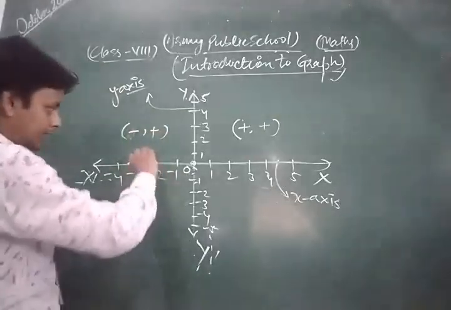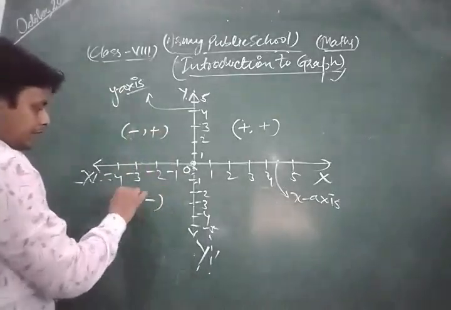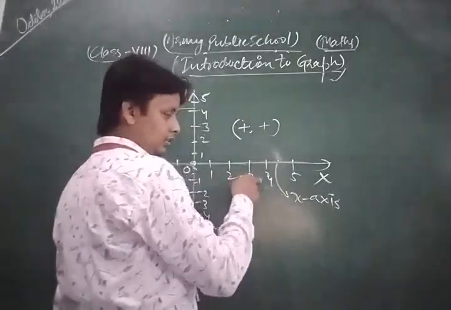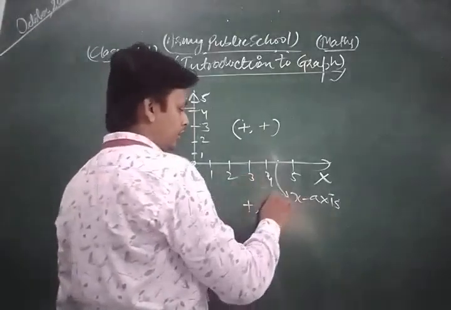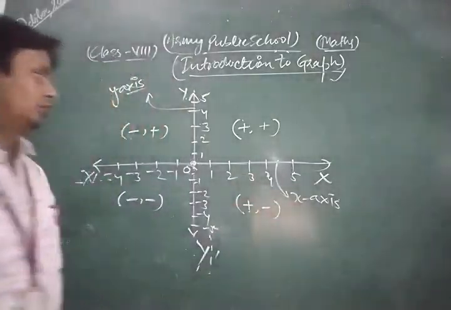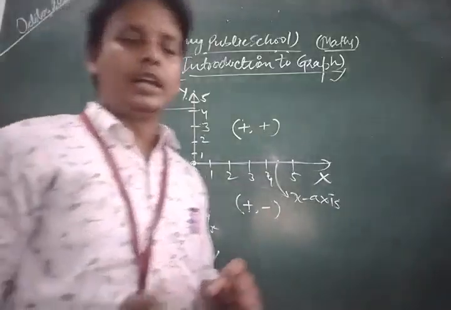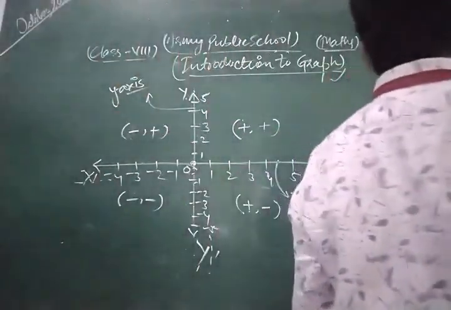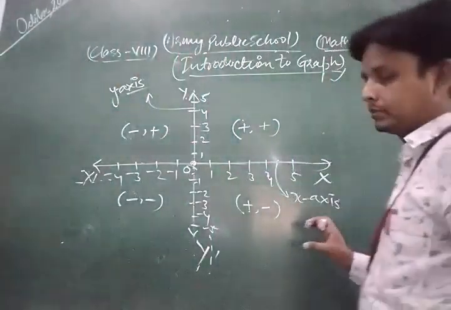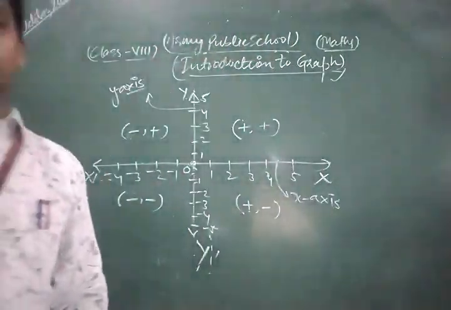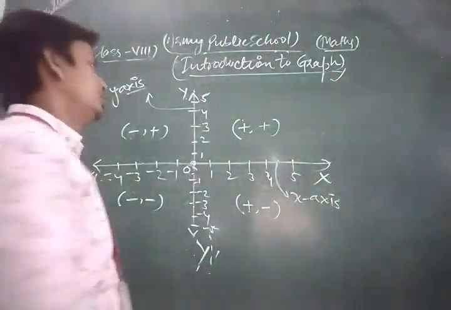In the third, both x and y are negative. In the fourth, the abscissa, meaning the x coordinate, is positive and the y coordinate is negative. So this is the concept of the Cartesian coordinate system, which we already discussed in the previous class. Now we are going to solve the important questions of your NCERT exercise 15.2.